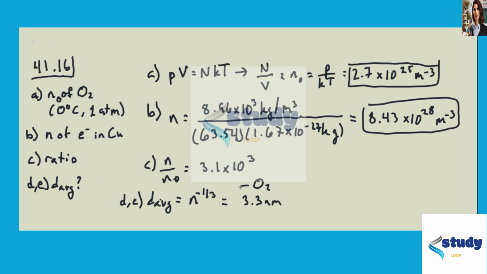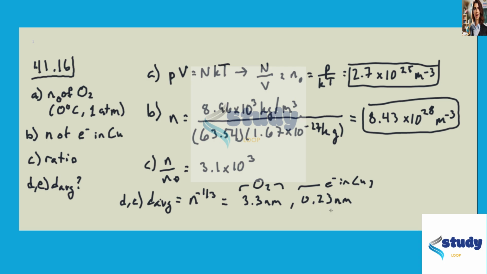And so this is 3.3 nanometers for oxygen gas and 0.23 nanometers for the electrons in copper.